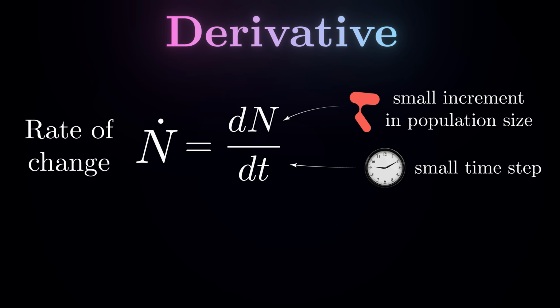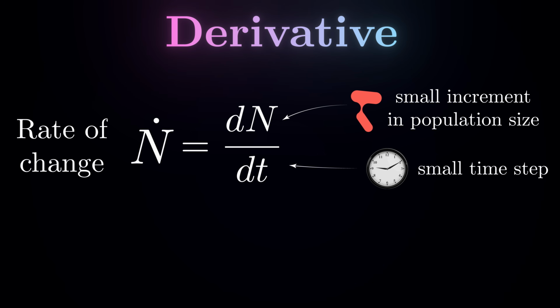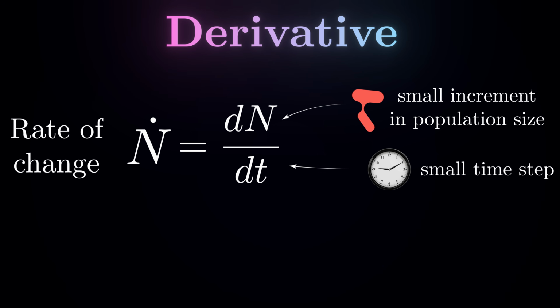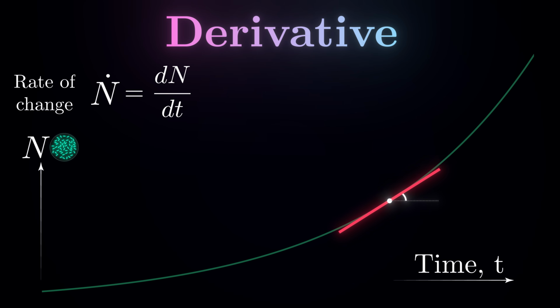The derivative dn over dt represents how much n changes when we take an infinitely small step dt into the future. If you imagine the population size over time as a graph, then the derivative, the value of our speedometer at any given time, corresponds to the slope of the line tangent to the graph at that point.